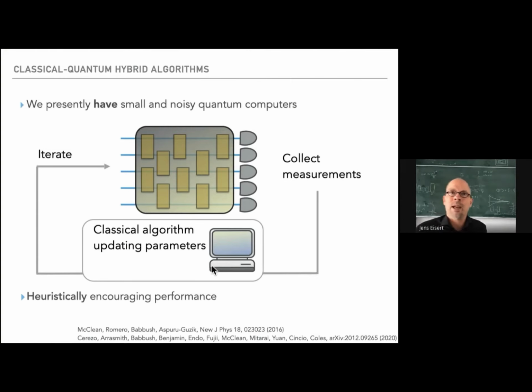So we should emphasize that most of the applications that we have in mind for the years to come are of a variational type, where there's a quantum computer in the center, a circuit that has lots of knobs, control parameters, where you prepare, you do something, you measure, you get outcomes, and then there's a bigger classical algorithm around that would update the control parameters and iterate, so that the quantum algorithm is just a part of a bigger system, which makes perfect sense because quantum resources are so painfully expensive and precious, whereas classical resources are abundantly available.